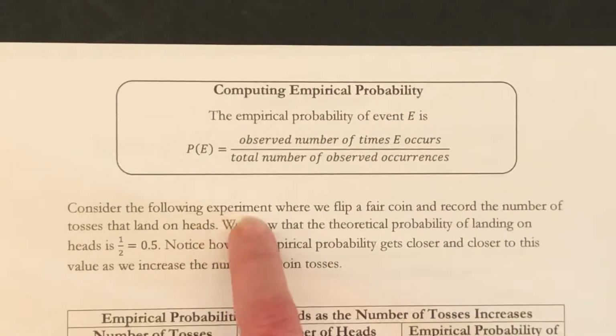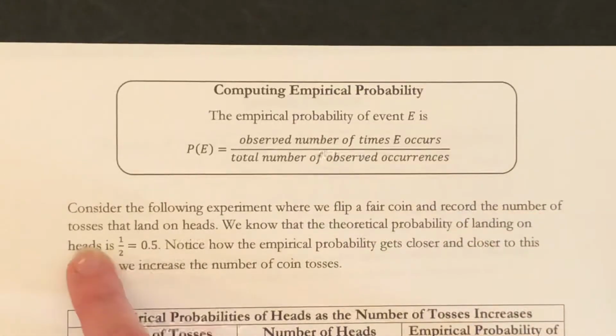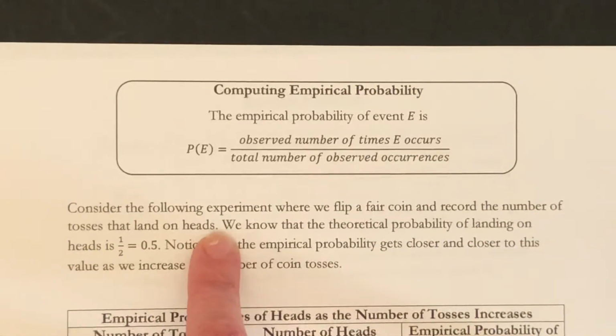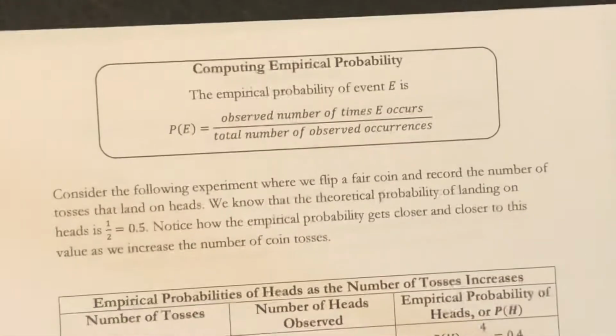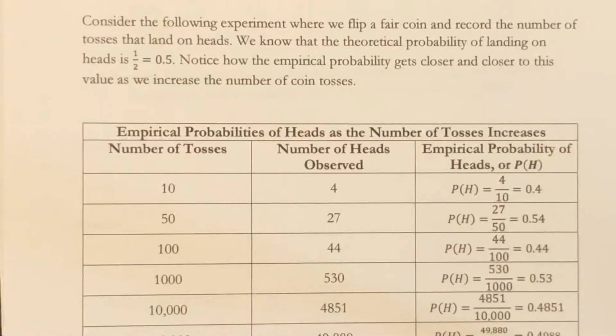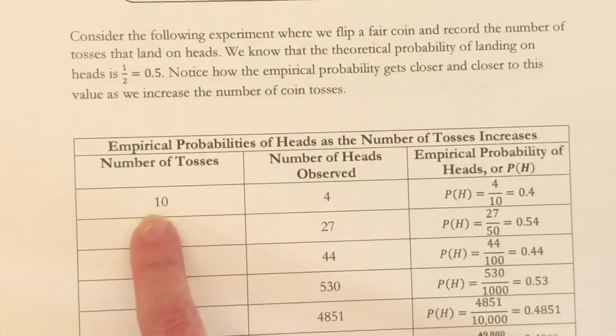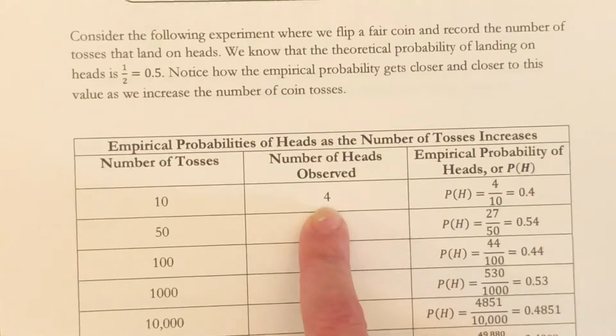Consider the following experiment where we flip a fair coin and record the number of tosses that lands on heads. We know that the theoretical probability of landing on heads is 1/2 or 0.5. So let's just look at this data that we have. So let's say we flipped it 10 times. We got heads 4.